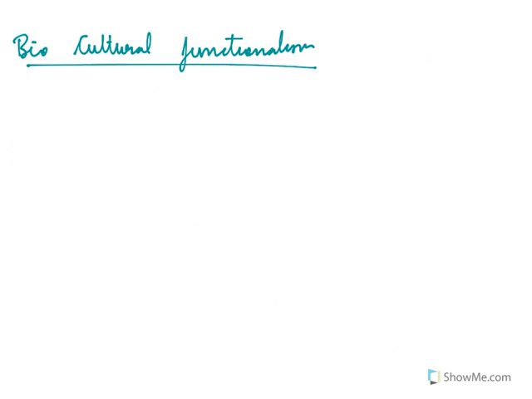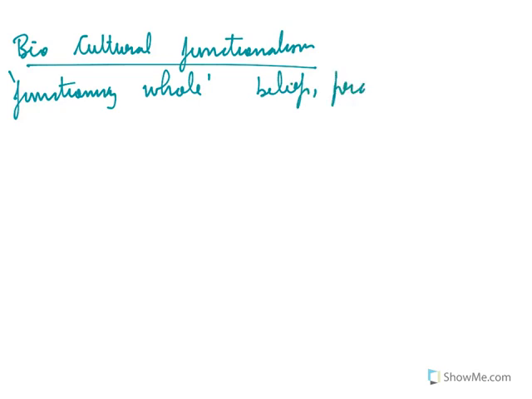So biocultural functionalism theory was given by Malinowski, and he used culture as a functioning whole and developed the idea of studying the function of beliefs, practices, and institutions which made this whole.